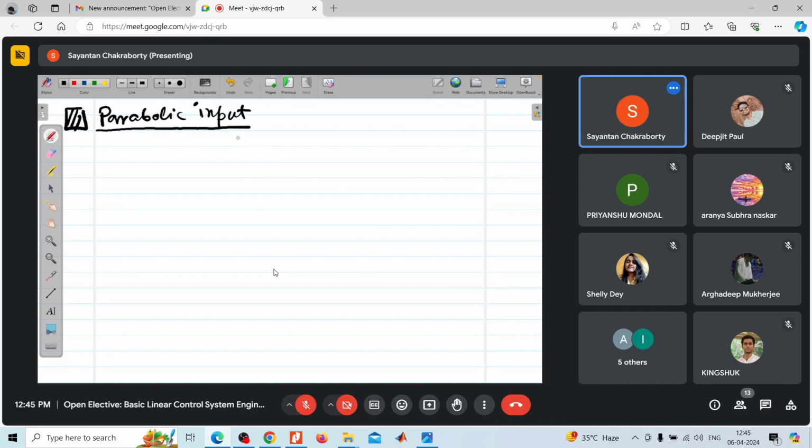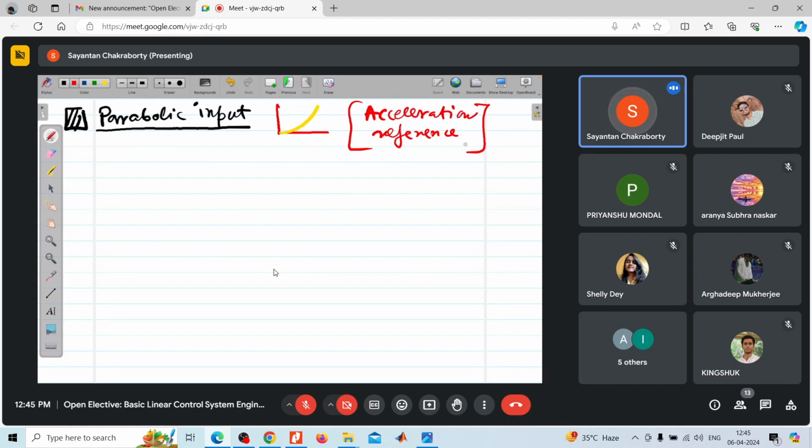Parabolic input. That means your input signal is something like this. And this parabolic input, when provided as a reference to the position control system, will give an acceleration reference, right?